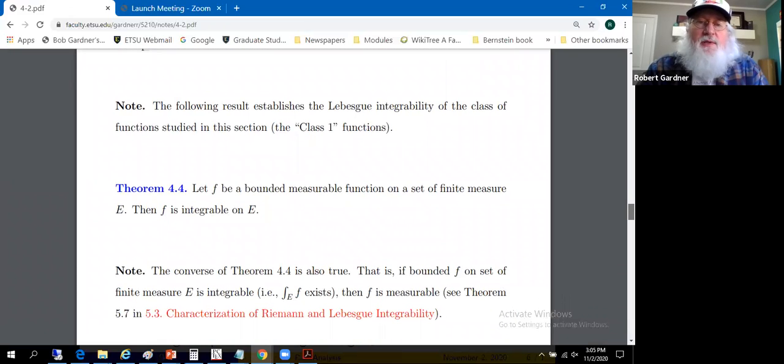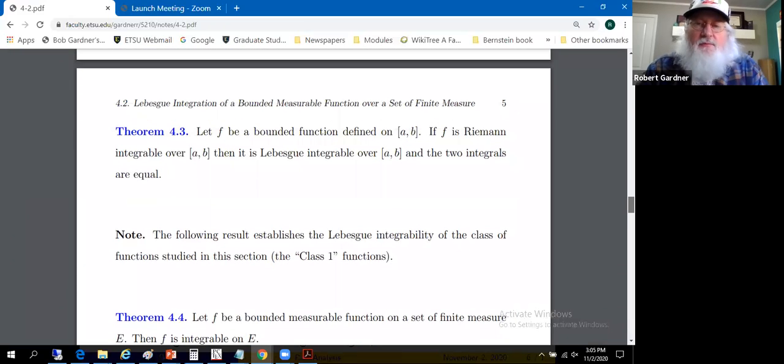Next result says, maybe a little soapbox statement about Theorem 4.3. We must be on the right track. We got Lebesgue agreeing with Riemann as they were supposed to do when they're both defined. We need to make sure we get a clean body of knowledge out of this, a neat theory.